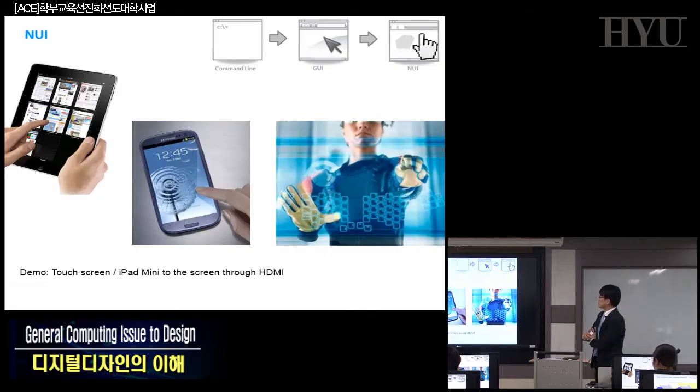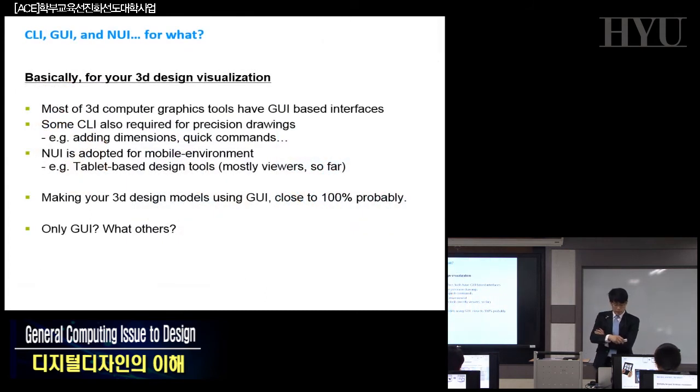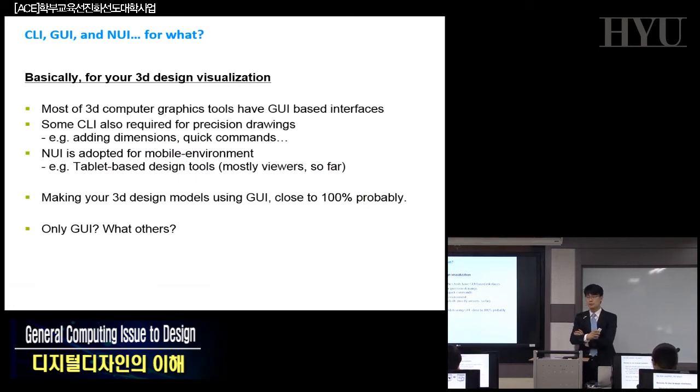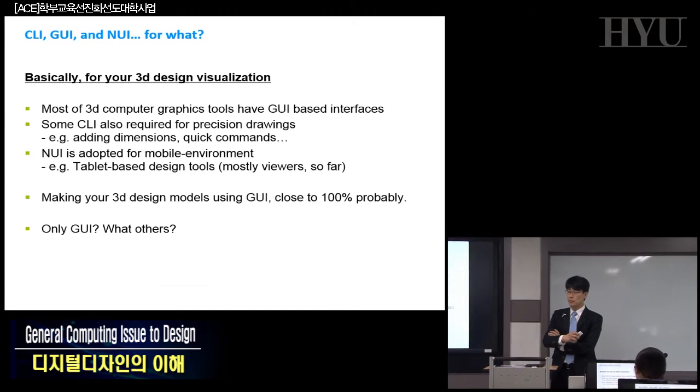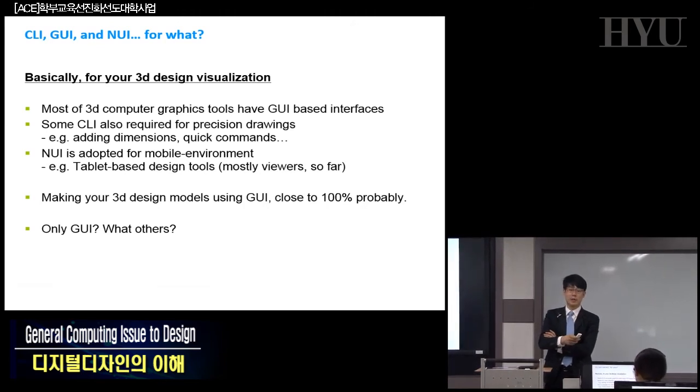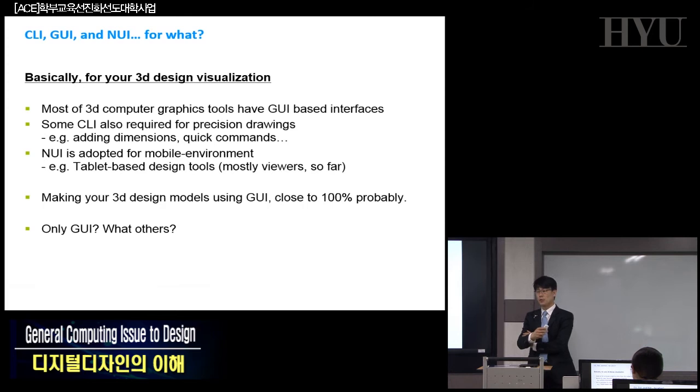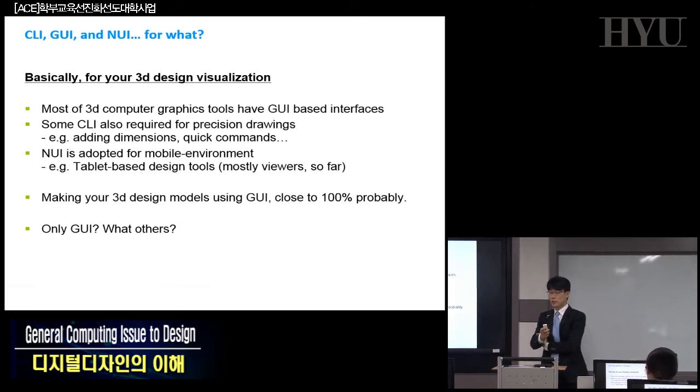So here we saw some examples of different types of interfaces. Basically, they are all for your 3D design visualization, sometimes 2D visualization. In the classroom, especially next year or the year after next, for your design studio, your graduation work, and your design competition, you're going to have a lot of opportunities for making 3D design and 3D visualization.